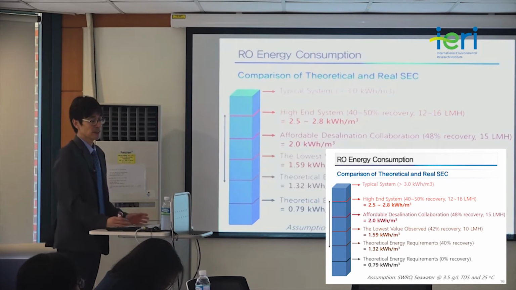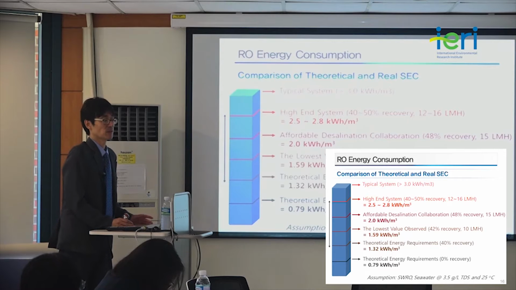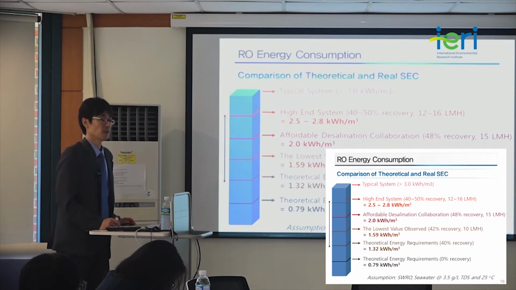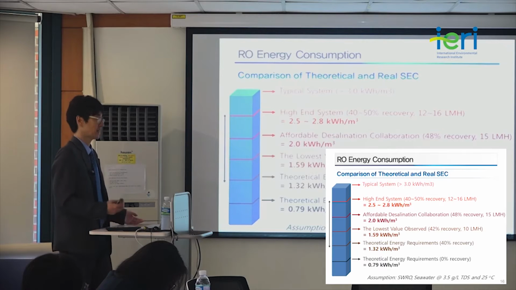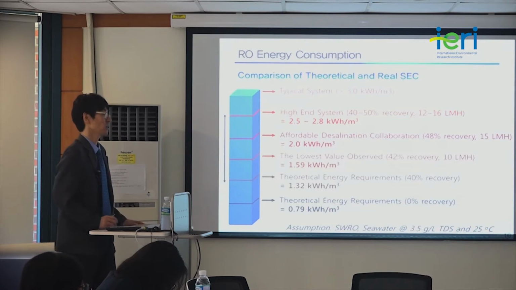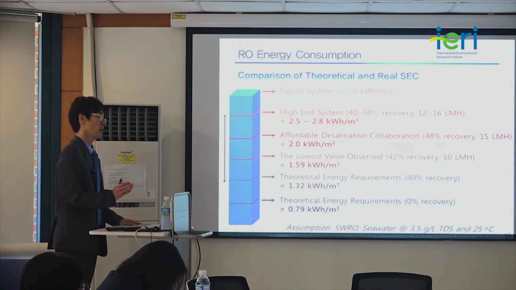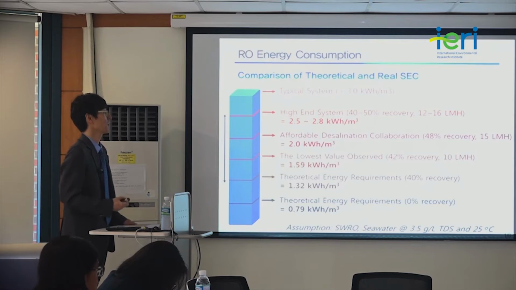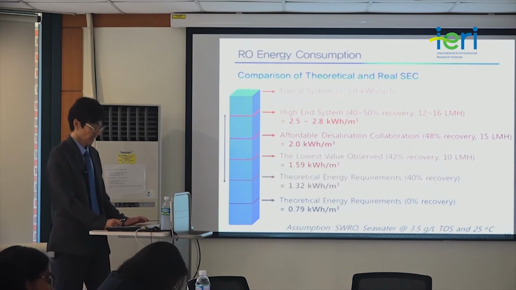So in a very small seawater desalination system, you can even see energy consumption of more than 10 kilowatt hour per cubic meter. So that's something you have to understand. Again, depending on the system configuration, feed characteristics, or other conditions, we'll have different numbers for the energy consumption.